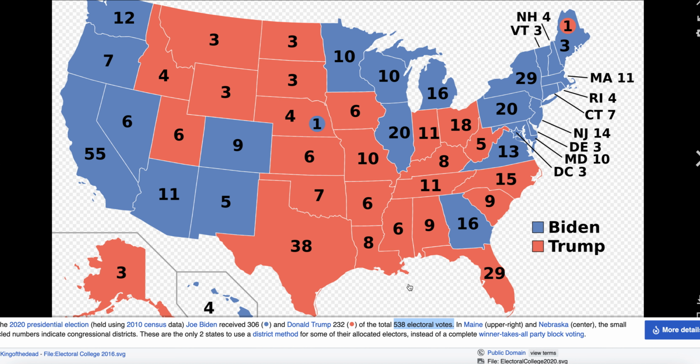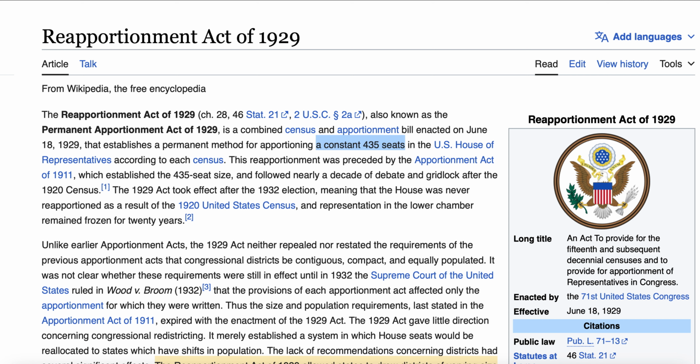They're number 1 and number 2, respectively. All because of this. A constant 435 seats needs to be repealed.